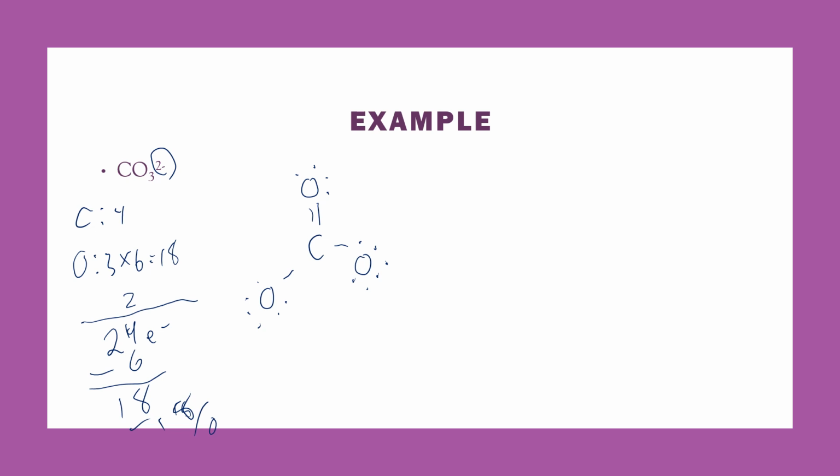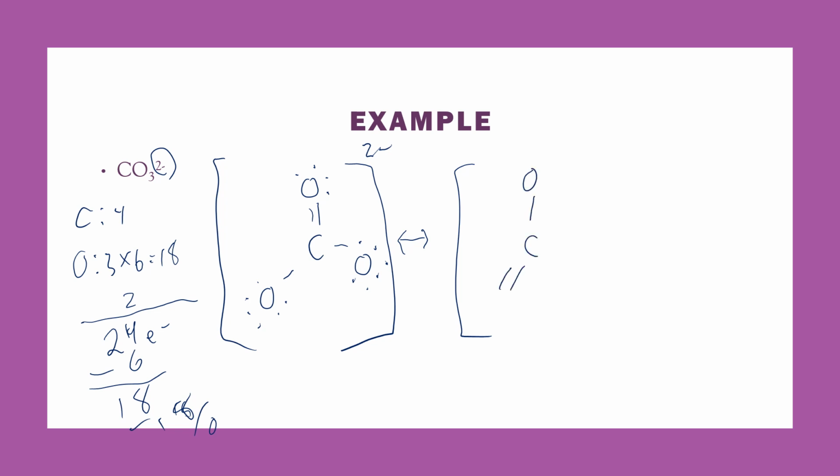Okay, so this is one possible structure with my -2 charge for the carbonate ion. But why did I pick this top oxygen? Well, I just picked one. So you have to draw an additional structure showing where you picked a different oxygen atom.